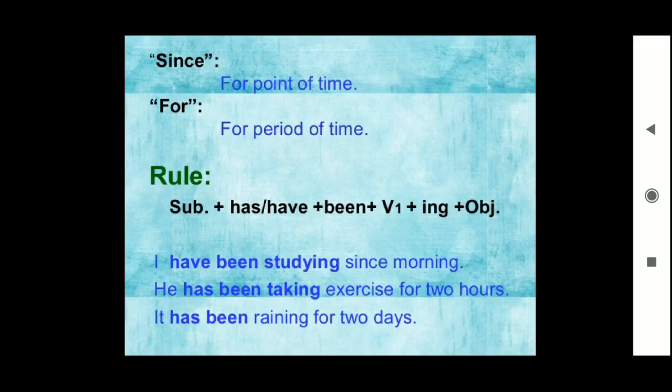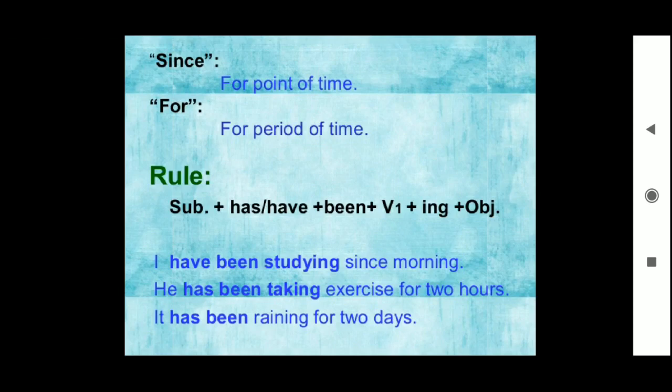So look at the rule. Subject plus have or has plus been plus first form of verb plus ing plus object. I have been studying since morning. He has been taking exercise for 2 hours. It has been raining for 2 days. Look at the first sentence.